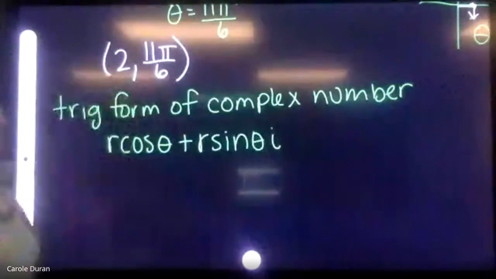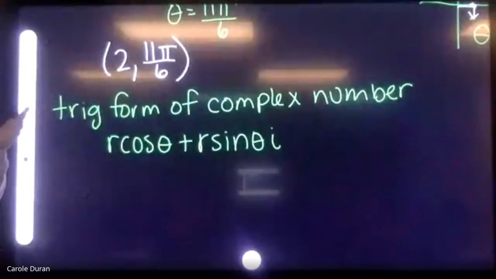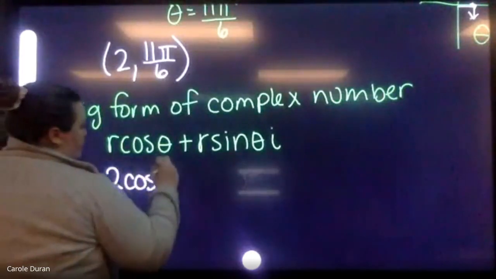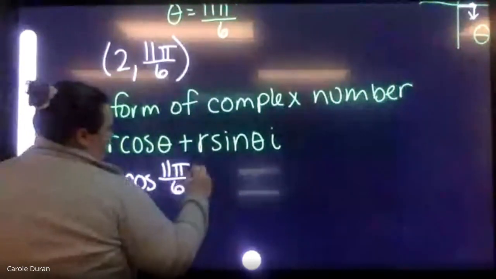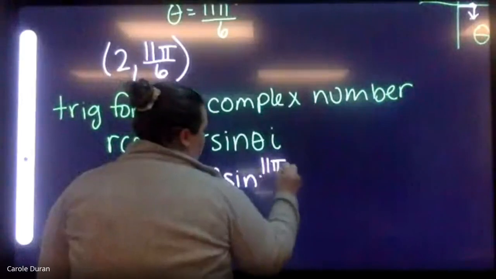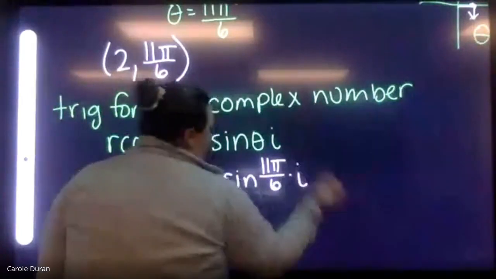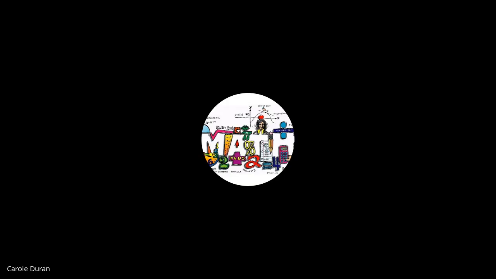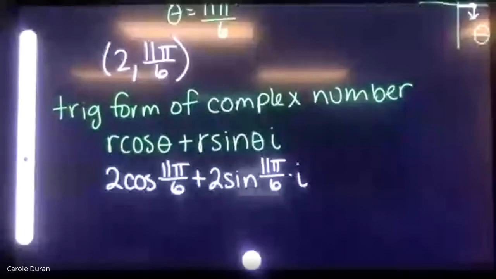So then I just have to fill in the r and the theta that I got from here. And I get the trigonometric form of a complex number to be 2 cosine 11 pi over 6 plus 2 sine 11 pi over 6 times i.